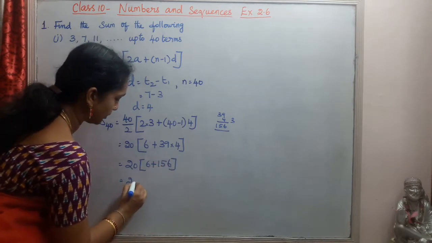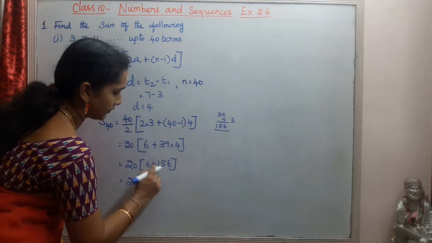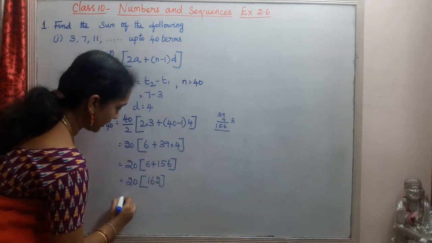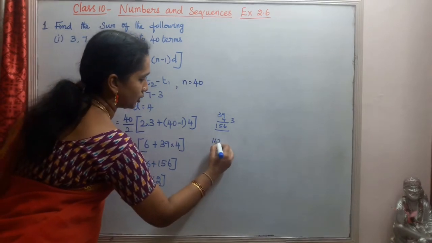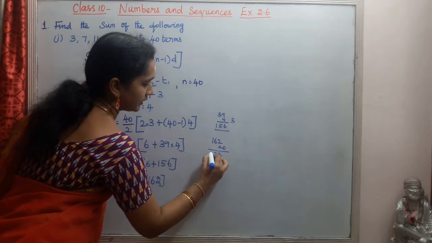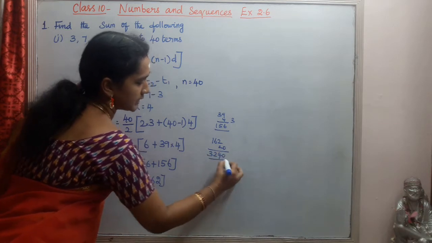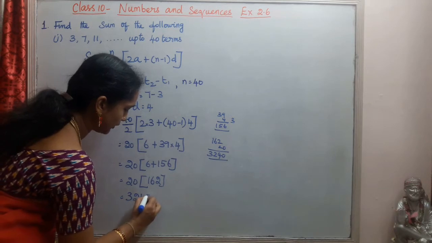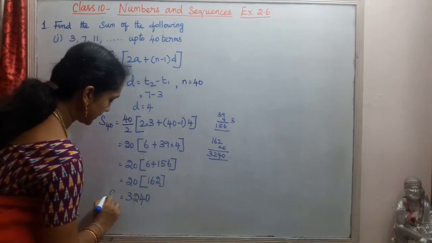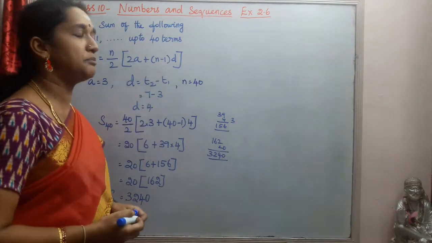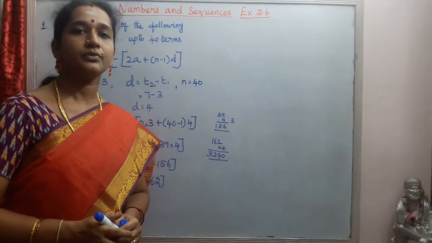So this is equal to 20 into 156 plus 6 is 162. So that is equal to 162 into 20, which is 3240. So this is the sum of 40 terms of the given AP series.